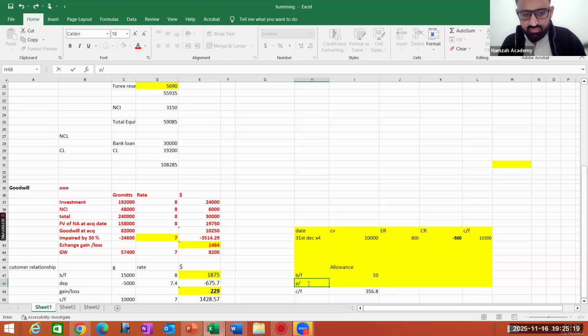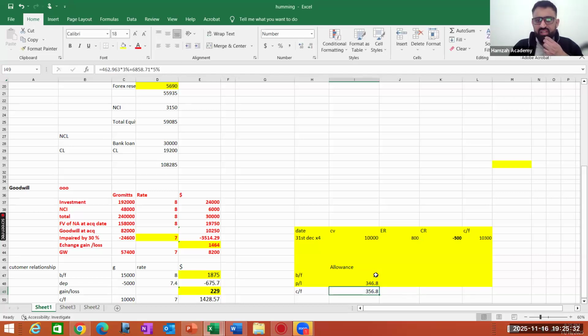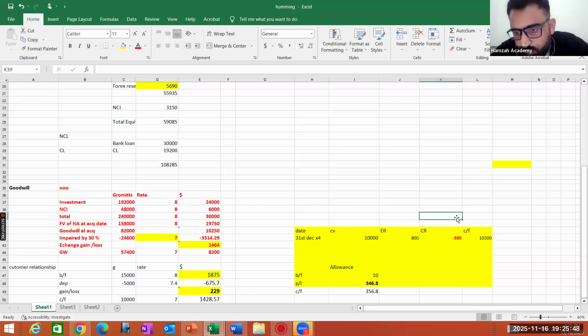So the loss allowance has been increased by 346. Now, the only entry which they have recorded is the coupon interest which they have received. This 500 is just recorded as income.